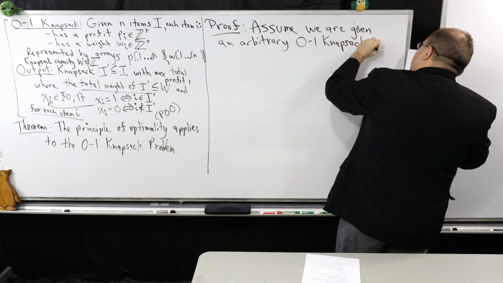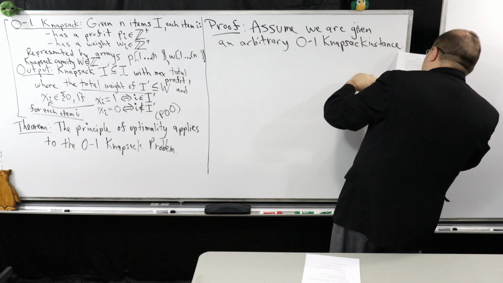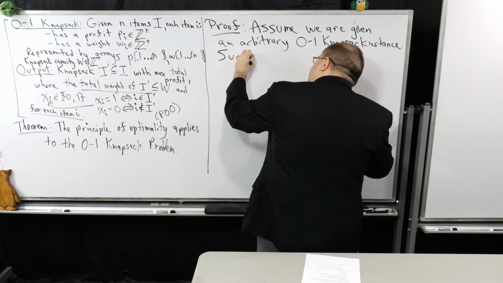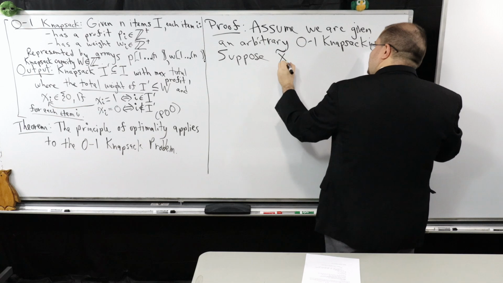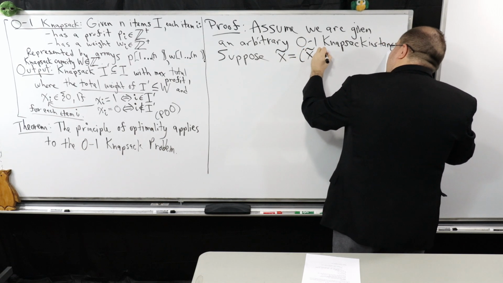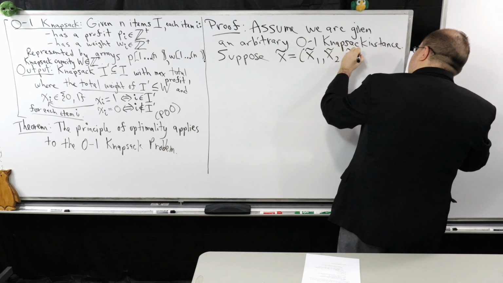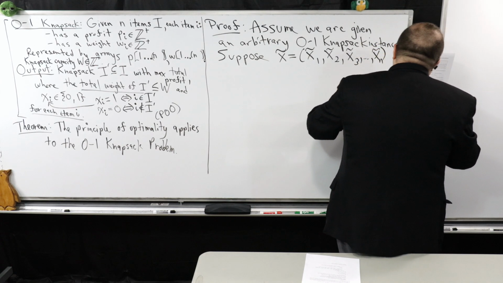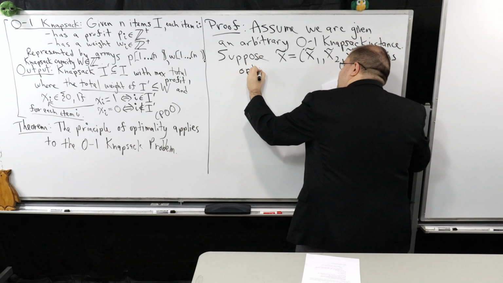I'm going to give it a name: x tilde is going to be equal to x1 tilde, x2 tilde, x3 tilde, all the way up to xn tilde. I'm going to suppose that x tilde is optimal.